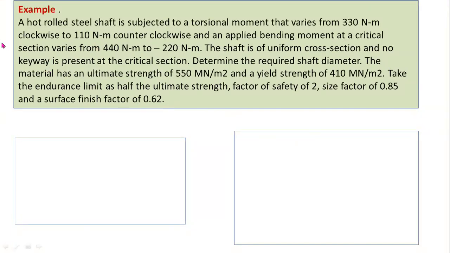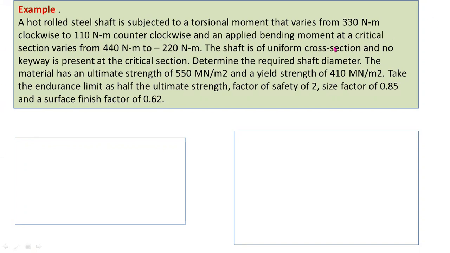This is the given question. A hot rolled steel shaft is subjected to a torsional moment that varies from 330 Newton meter clockwise to 110 Newton meter counterclockwise, and an applied bending moment at a critical section varies from 440 Newton meter to minus 220 Newton meter.